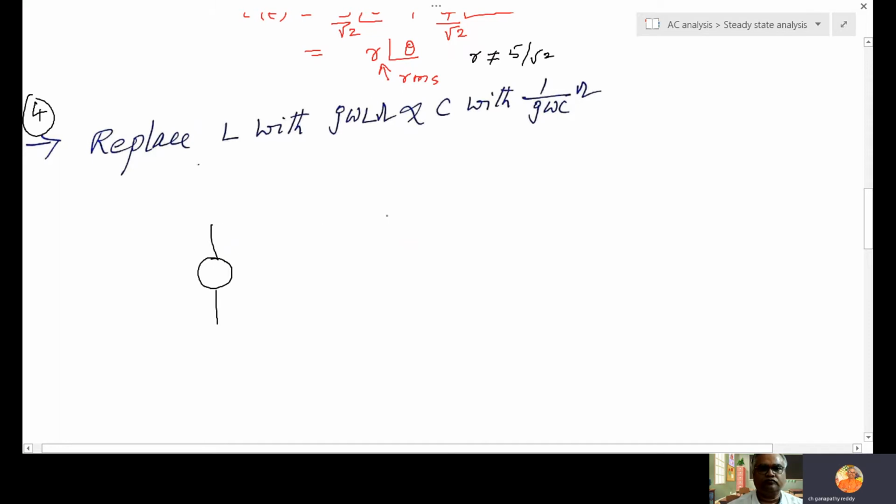So resistor and inductor I am taking, and I am taking this V as e power j omega t.